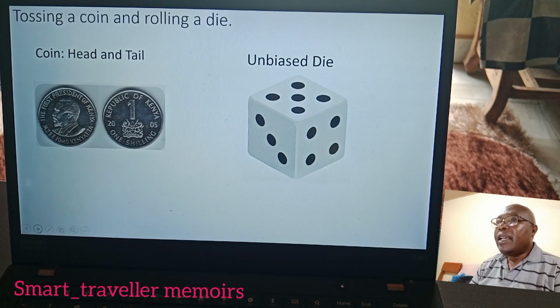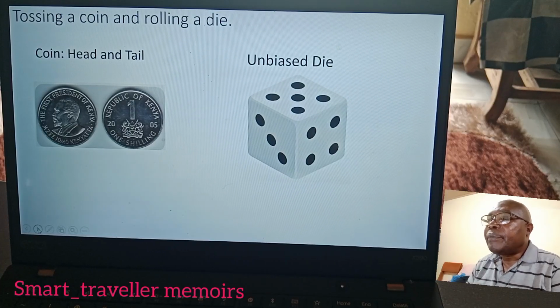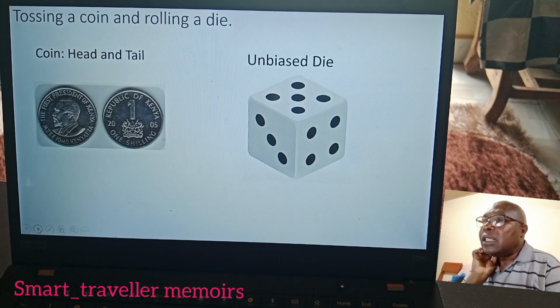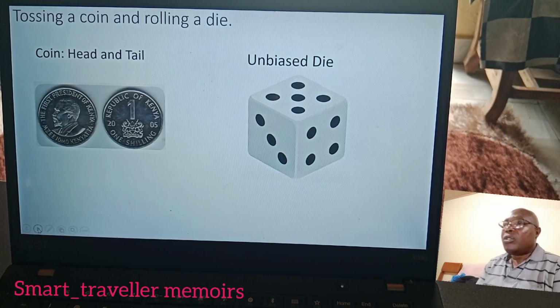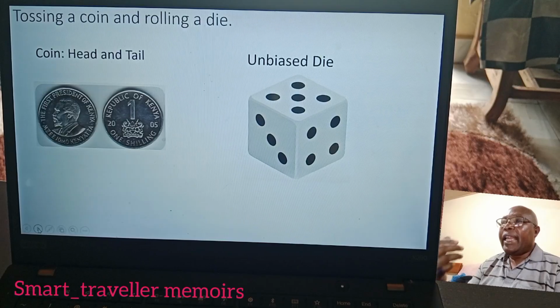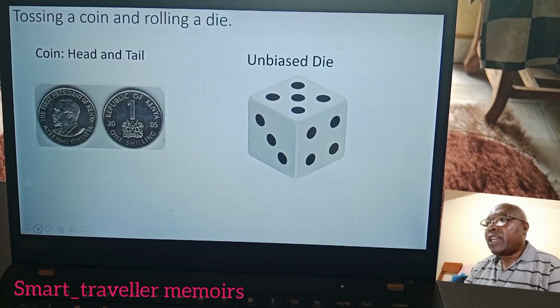That is his head. And the tail is the other side, where we have the Republic of Kenya, 1 shilling, coat of arms. So the head of the president is the head, and the tail is the coat of arms.